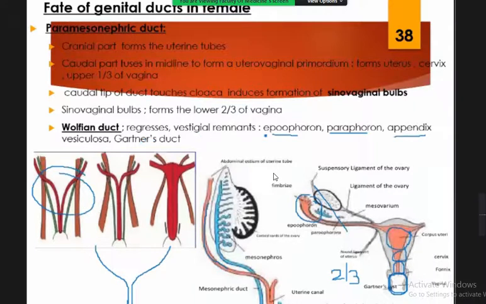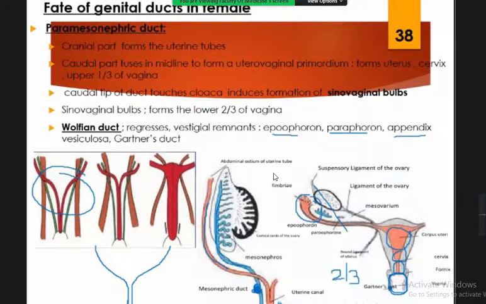So these remnants normally are going to persist along the length of this Wolffian duct. So wherever there was a Wolffian duct, there may be a remnant that persists. That's why we are saying that persistence of structures of this duct around this region are going to give us Gartner's.